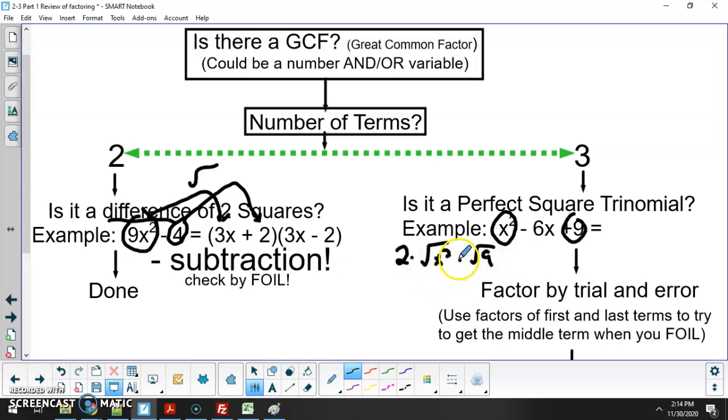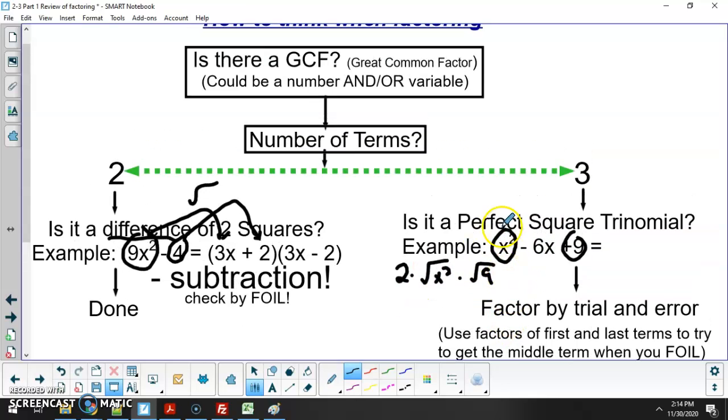Once again, this is just a shortcut. If you recognize this, you can factor this perfect square trinomial. And you see it would be 2x times 3. If you square root these, you get x and 3, and that gives you the middle term of minus 6x.